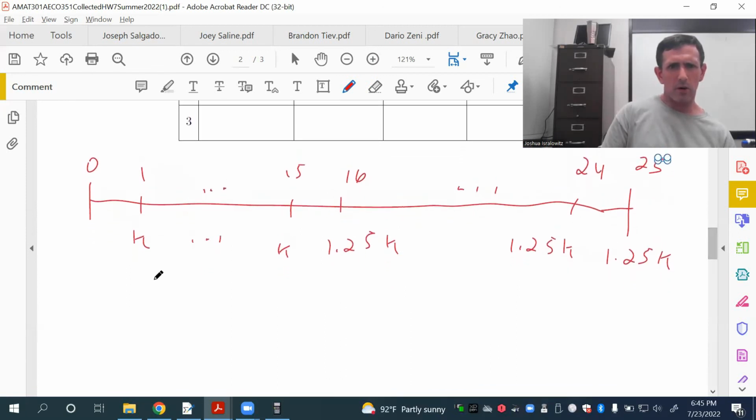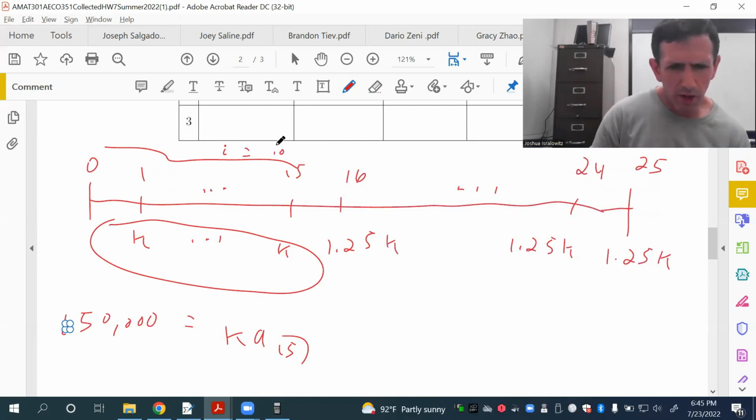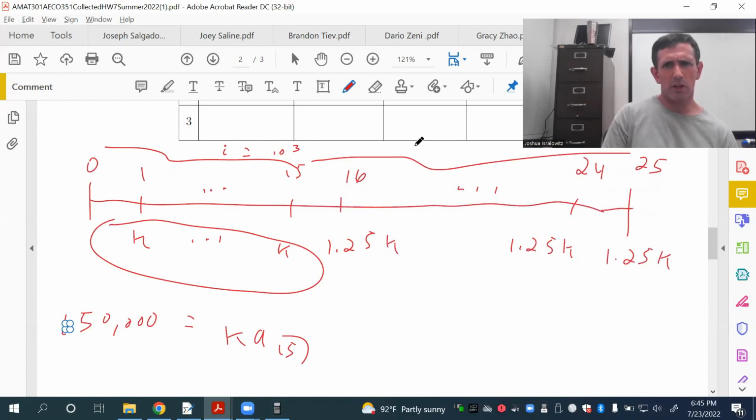All right, so loan amount is 150,000. So take the present value of your first K payments, K a_15. And sorry, I forgot. Interest is 3% for the first 15 years, and then 4% for the next 25 years.